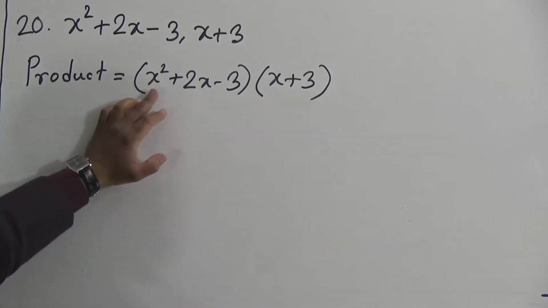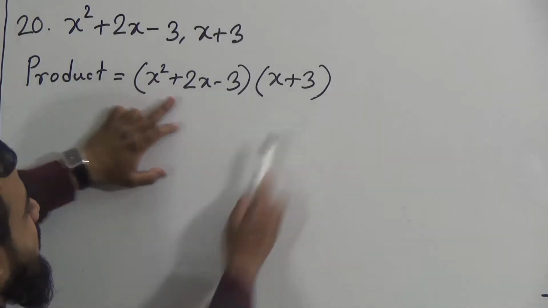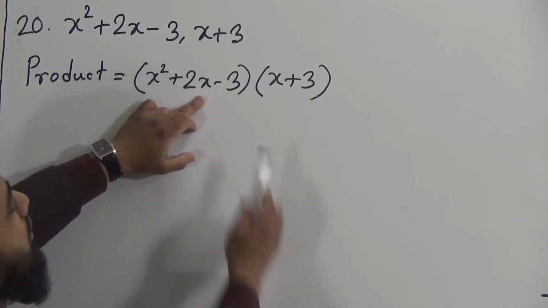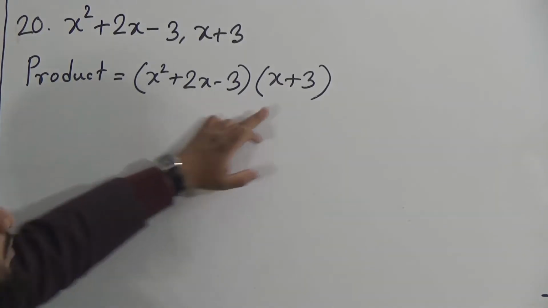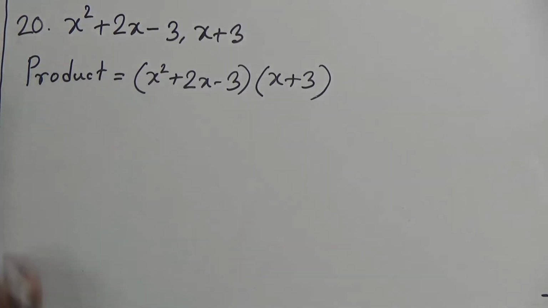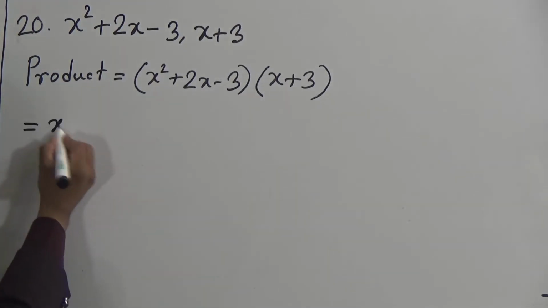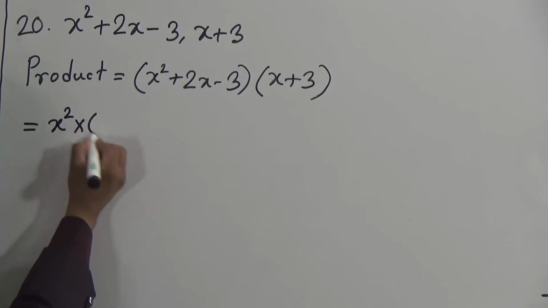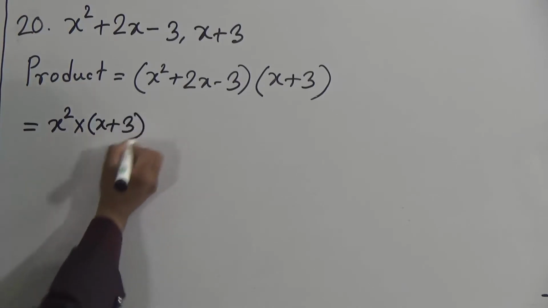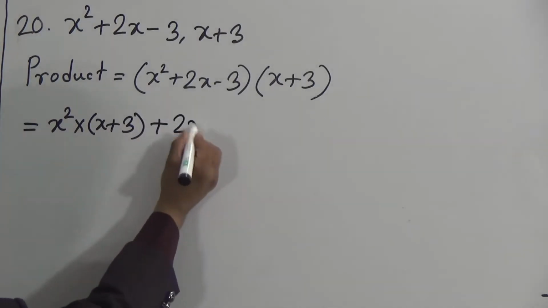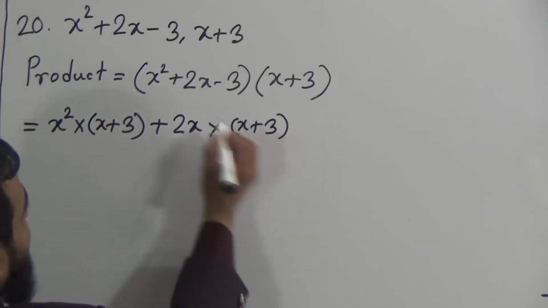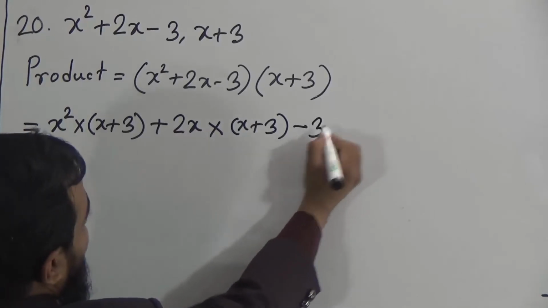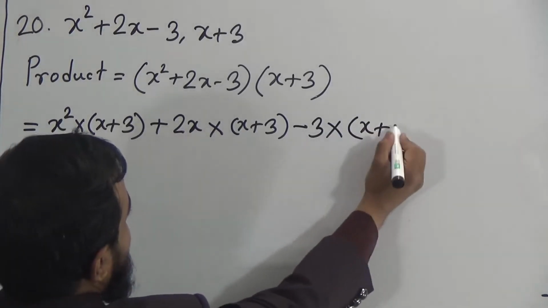This means x square is multiplied with x plus 3, plus twice x is also multiplied with x plus 3, and minus 3 is also multiplied with x plus 3. So write it down separately.